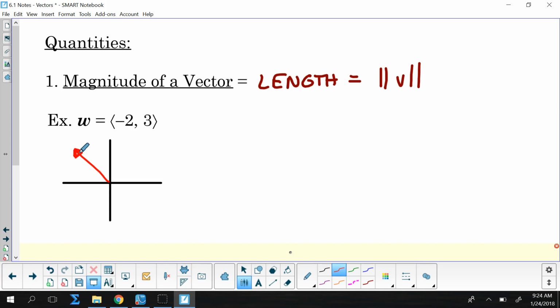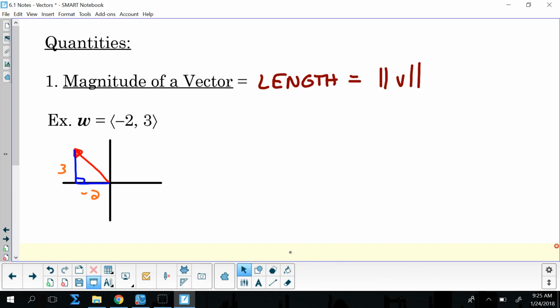Now, I went here -2, and then I went up 3. If I make a right triangle out of that, then I can find that length, my red length, right? How can I find that red length?